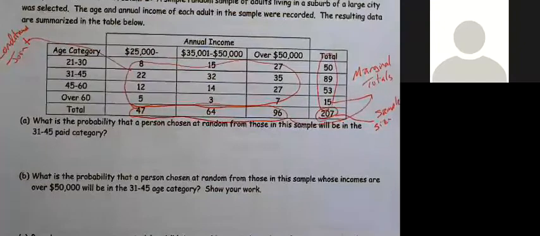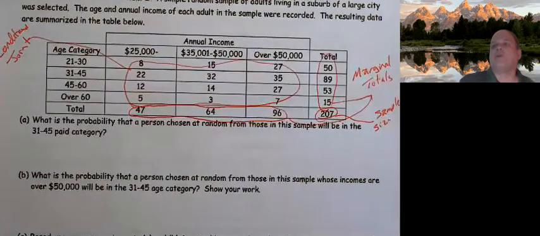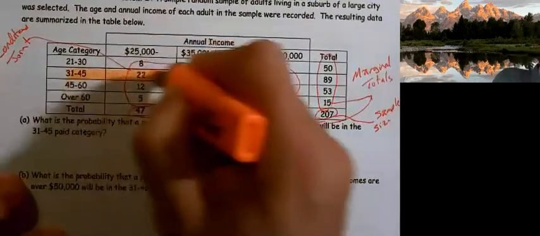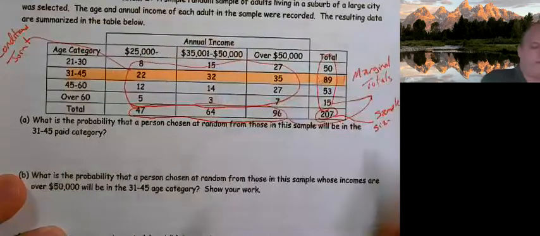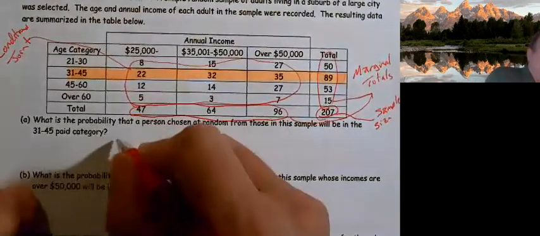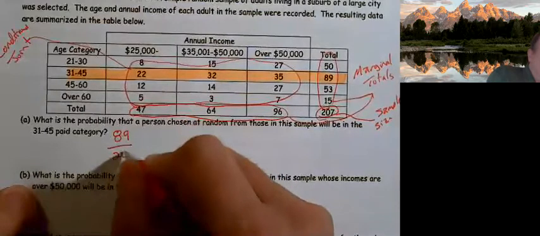So it says, what's the probability a person chosen at random from those in the sample will be in the 31 to 45 age category? Well, if we follow that 31 to 45 age category all the way across, we find that there are 89 people in that category. And so that would just be 89 out of 207.